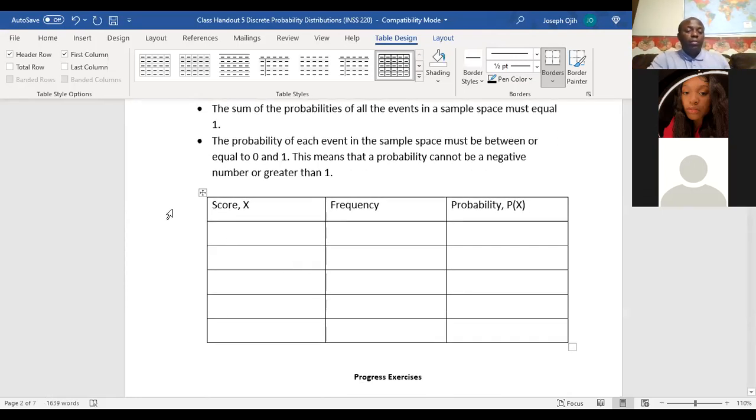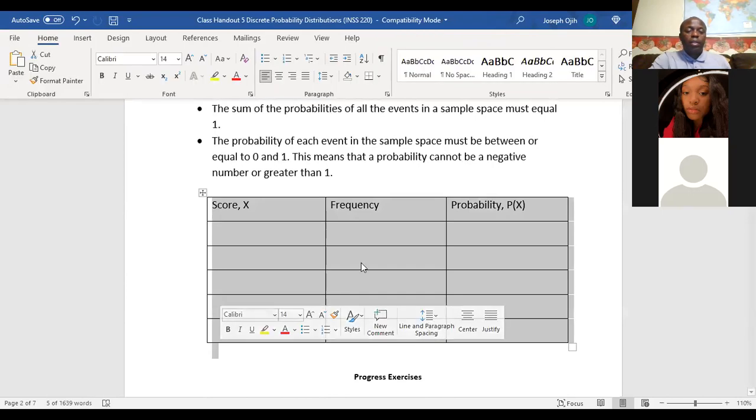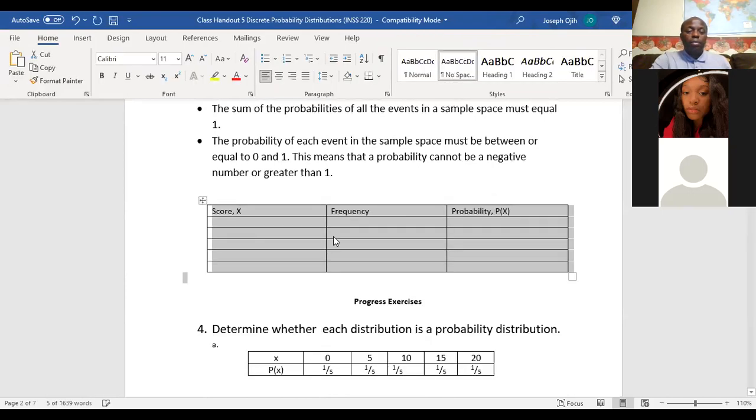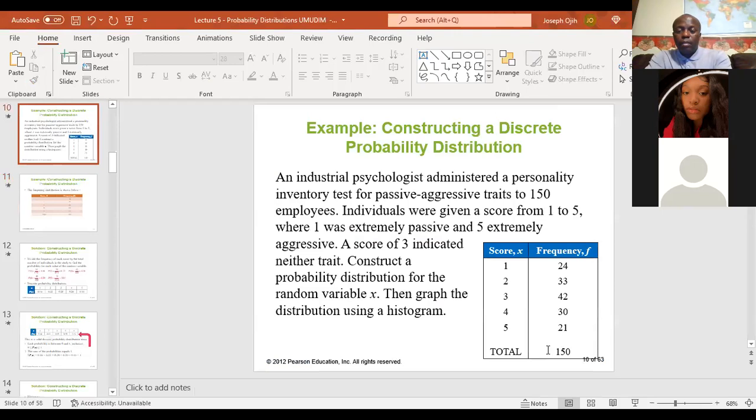The scores that I'm talking about here include a score of 1, not having a 0 there. There's no 0.